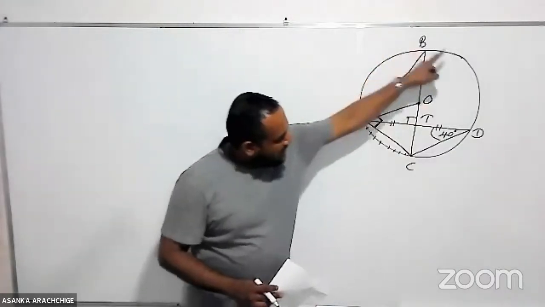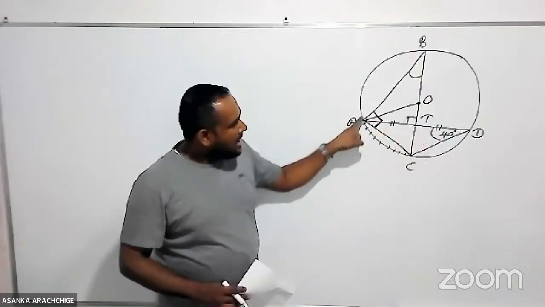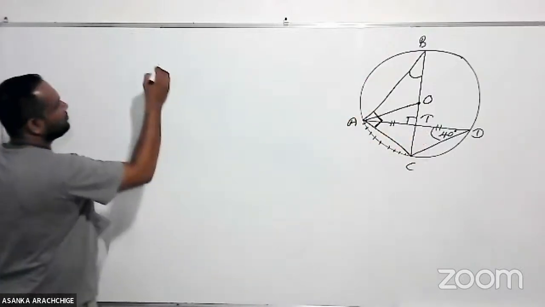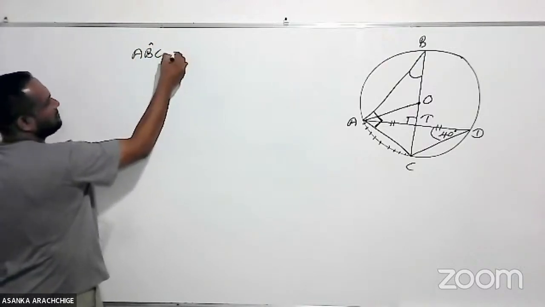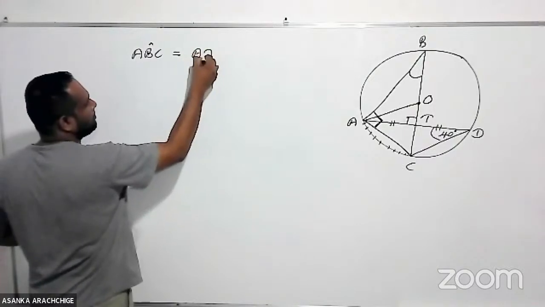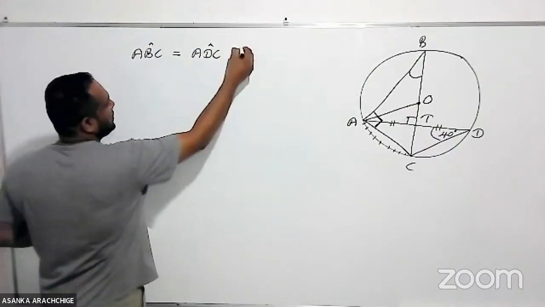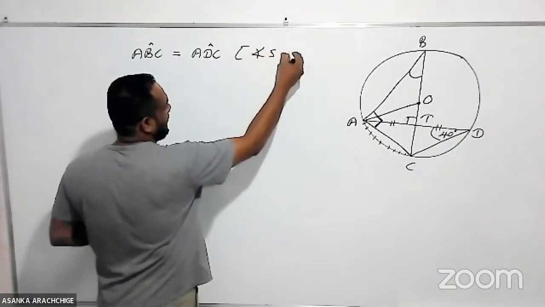Or both are in the same segment, no? That means you can say angle ABC equals angle ADC. Reason: angles in the same segment.